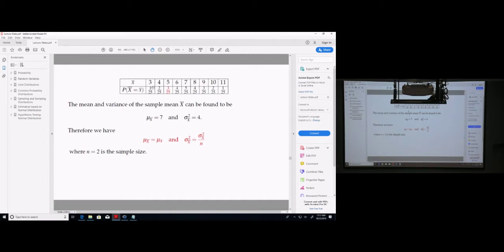All right? And as a result, now I can compute the mean. So the way to go about it is 3 times 1 over 25 plus 4 times 2 over 25, and so on and so forth. And you can verify that this is equal to 7. This is not a coincidence. The mean of the sample mean is equal to the population mean. This is a mouthful.